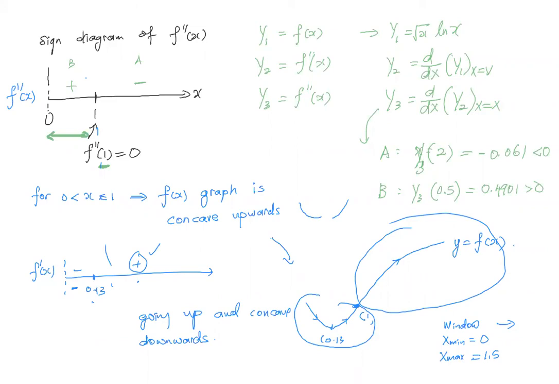Write down your own notes. What does each sign tell you? The f prime x sign tells you that the f(x) graph is increasing or decreasing. The f double prime x sign tells you the f(x) graph is convex or concave, that is concave upward or concave downward.